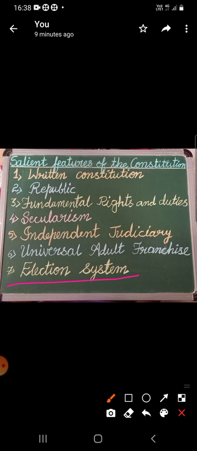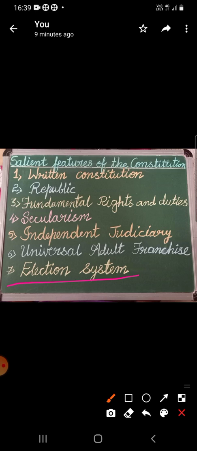Just now I said, children, election takes place once in 5 years, and sometimes if there is any problem and the government dissolves, it comes often. India is the largest democracy in the world.